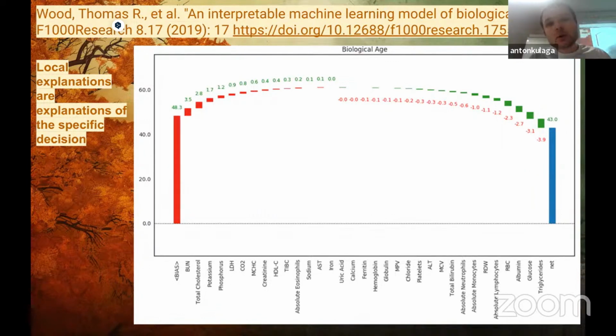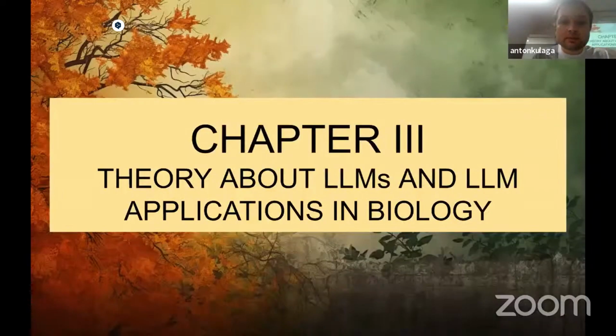It says you're 3.5 years older, and some features, for example your glucose values, are better than needed for your age, so they decrease your prediction of biological age. So this is a local explanation of specific decisions. There are also global ones that explain general behavior. And the majority of recent aging clocks are actually using similar techniques.